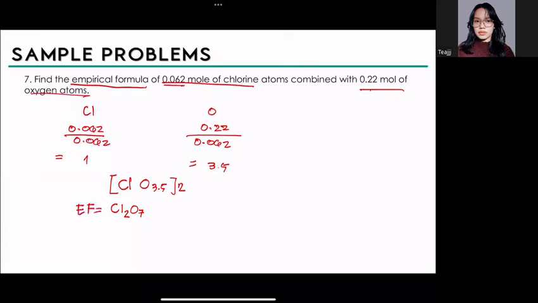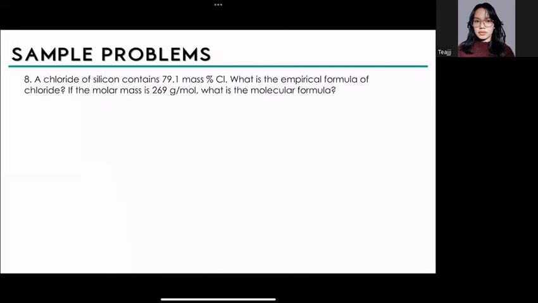Okay? Now let's go to number 8. A chloride of silicon, so some compound of silicon chloride, contains 79.1 mass percent chlorine. What is the empirical formula of the chloride? If the molar mass is 269 grams per mole, what is the molecular formula? So what's being asked is the empirical formula and the molecular formula.